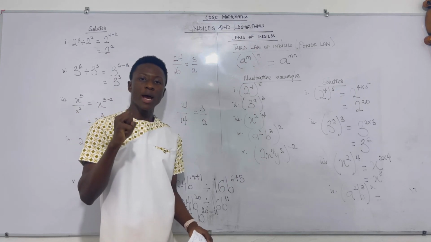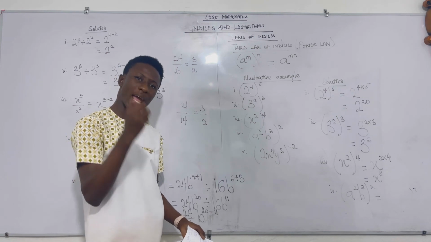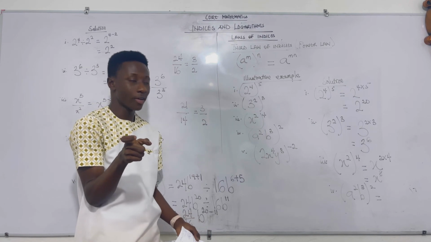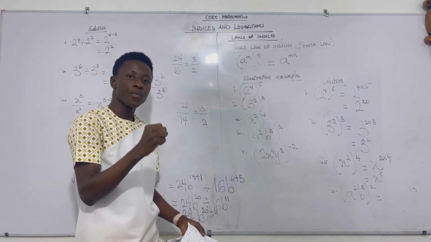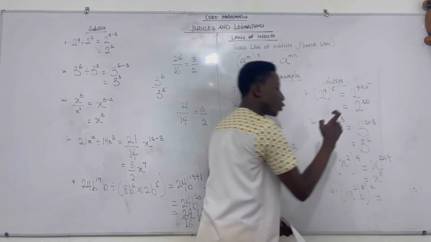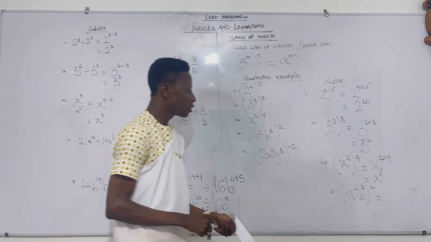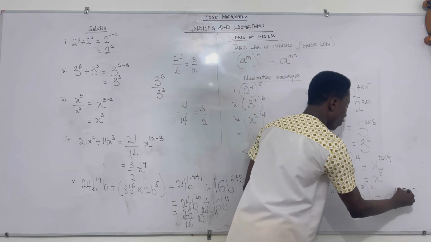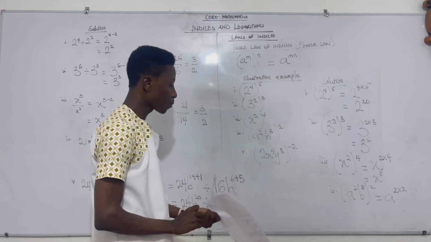Now, when we were doing algebraic expression, we once said that whenever you have a term in parentheses, parentheses means bracket, raised to an index, the index affects each single thing you see in the bracket. So over here, the a squared must be affected with the 2, so it must multiply if you're following the law.